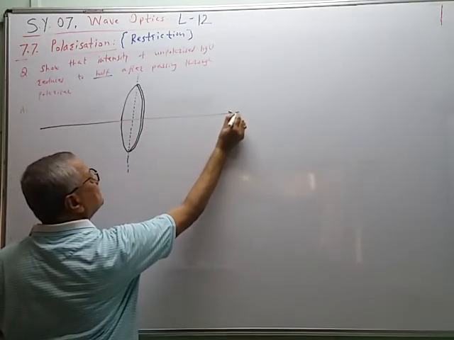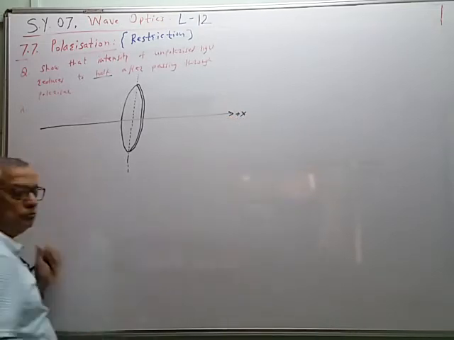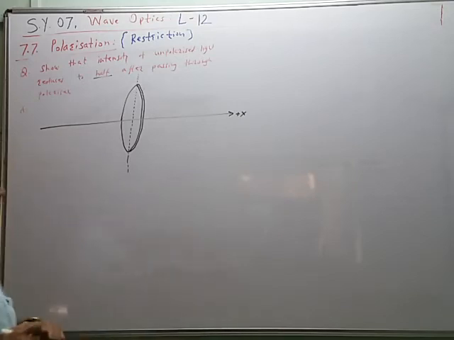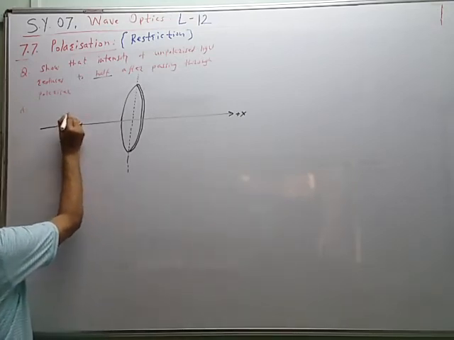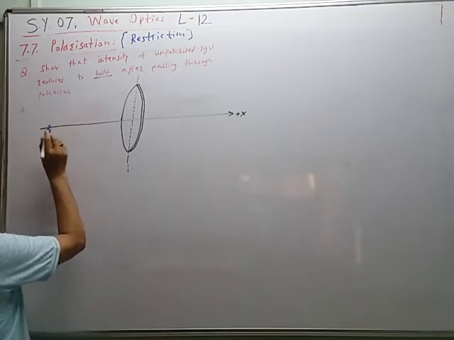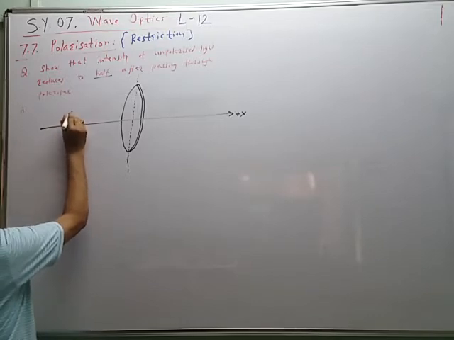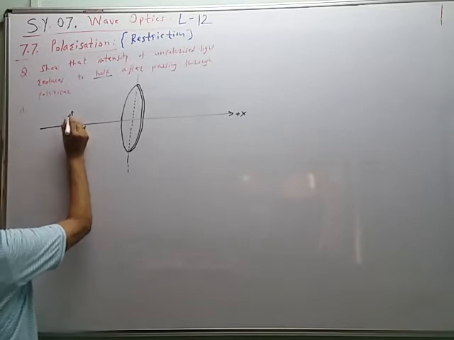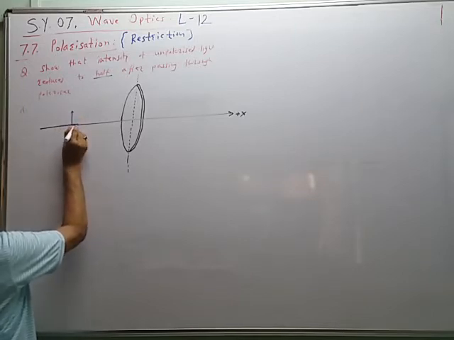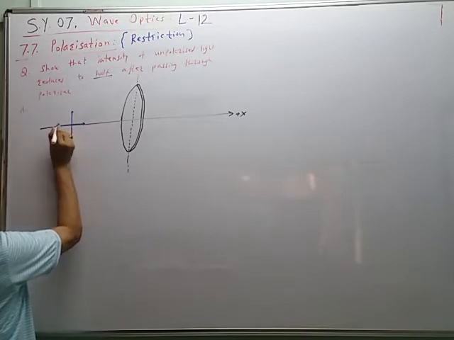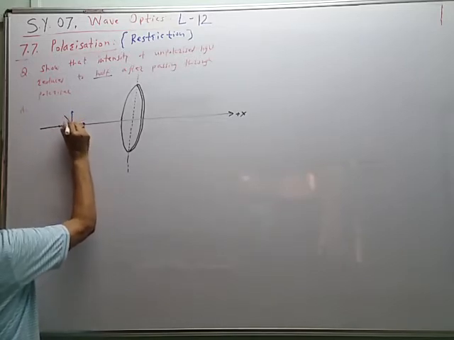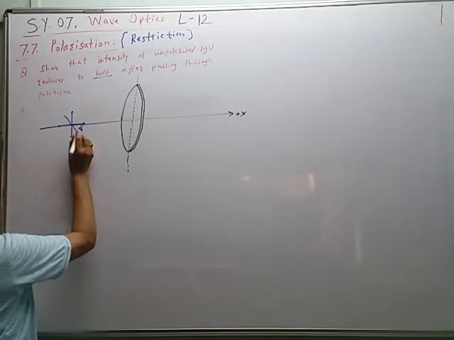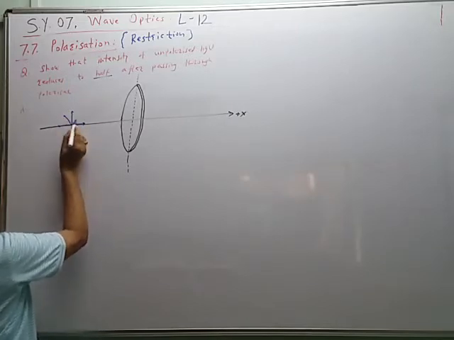This is the x-axis. The wave is traveling in the x direction. So this is the unpolarized light. It can be shown like this, as circularly polarized light.